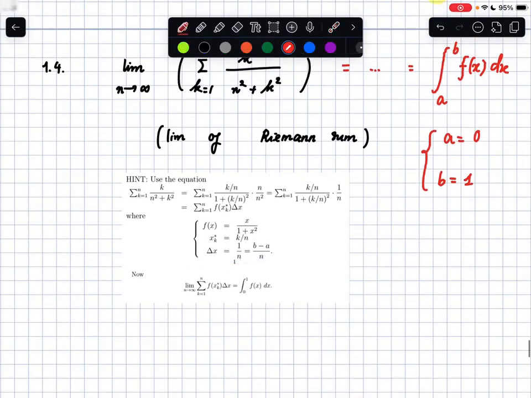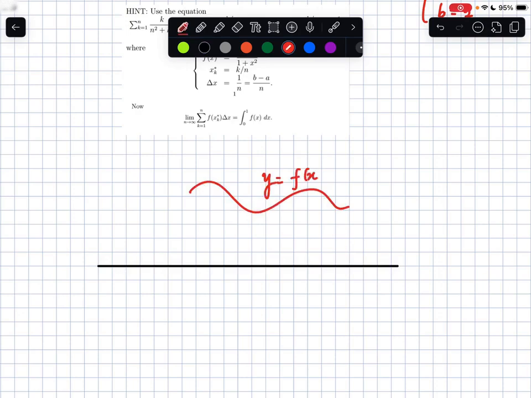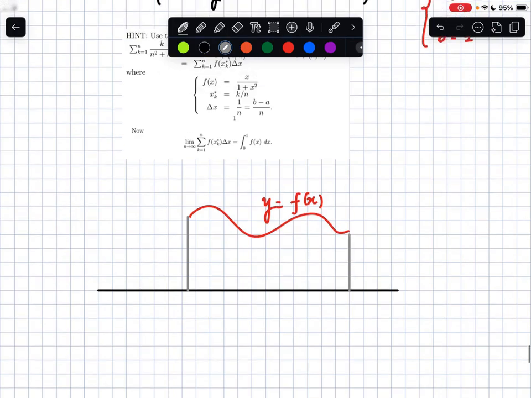So here's the idea. This definite integral is the area under the curve f of x. We assume that the curve looks like this, y equal to f of x, and we want to compute the area under this curve where x is between a and b.